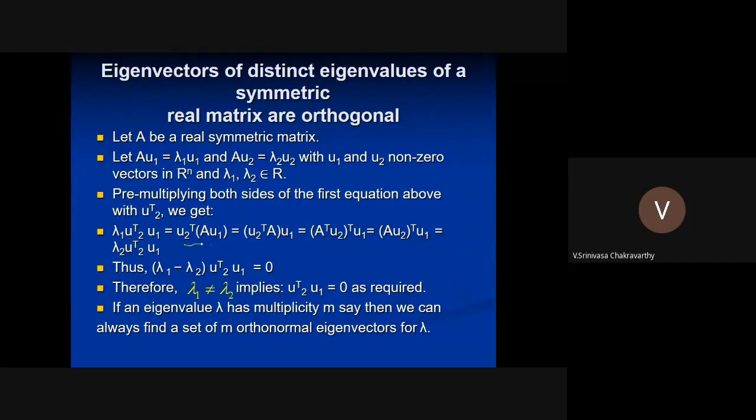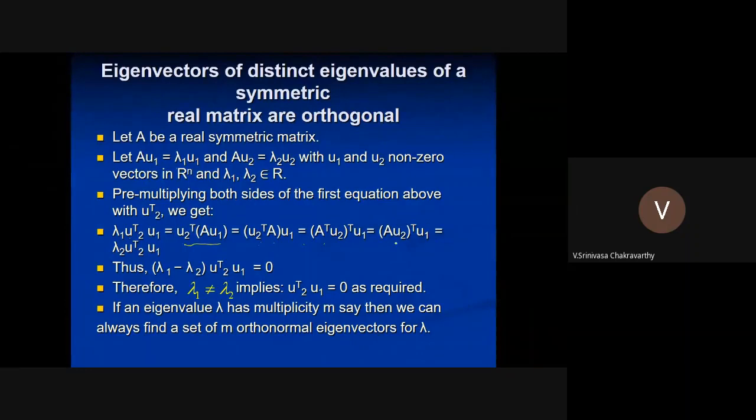Now in this expression, just regroup terms a little bit. You take U2 transpose times A multiplied by U1. Now U2 transpose times A can be written as the transpose of A transpose U2, times U1. Now A transpose is the same as A because A is symmetric.